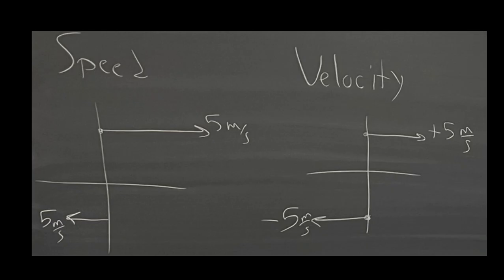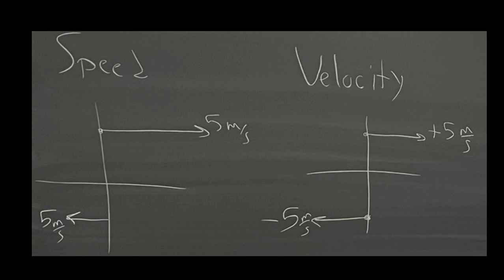So just another example is if we have some object that's traveling 5 meters per second, it doesn't matter if it's traveling to the left or right, or the positive direction of an axis versus the negative direction. If we're just looking at speed, all we care about is that magnitude of 5 meters per second. When it comes to velocity, let's say that object is traveling in the positive direction of some axis.